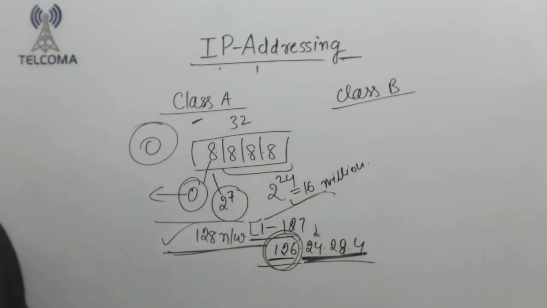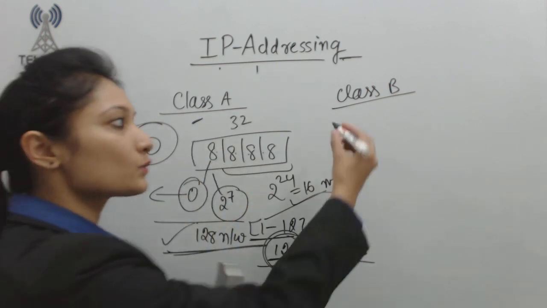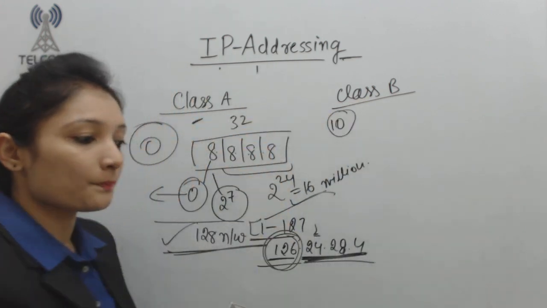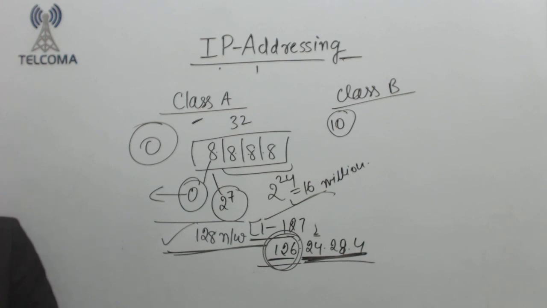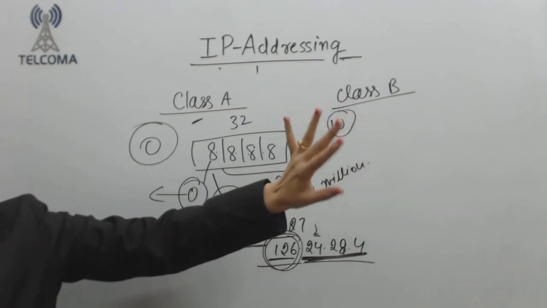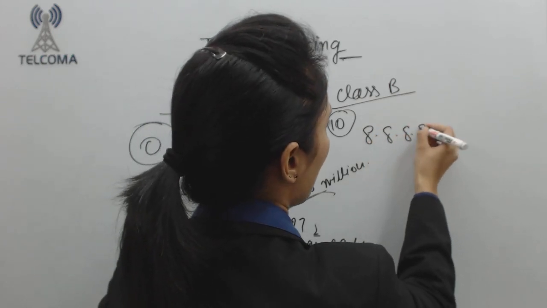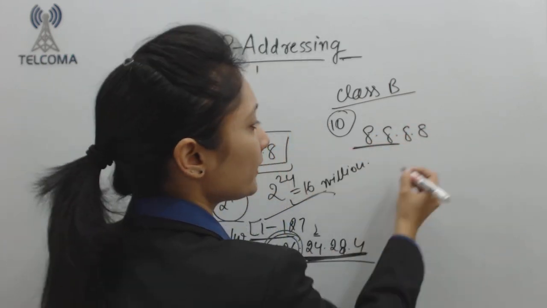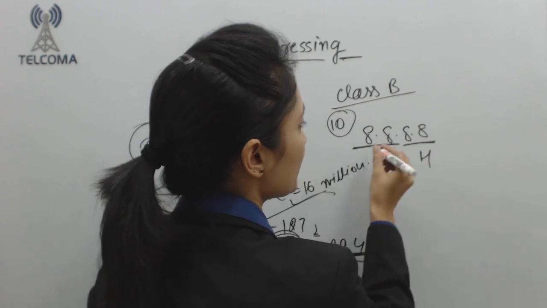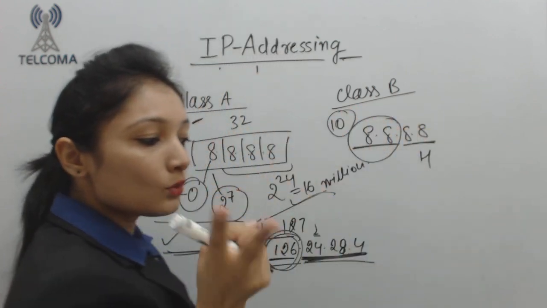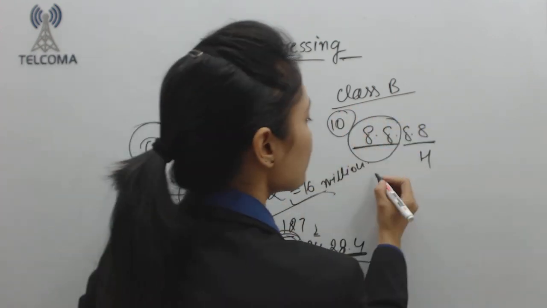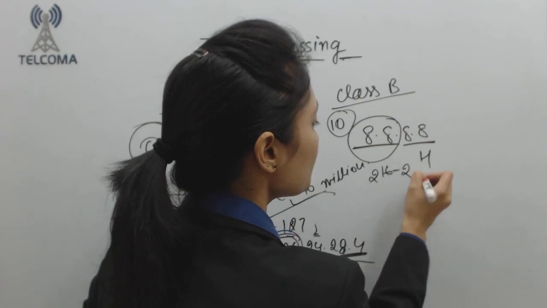Now, in class B, we have this 1, 0 taken here. We have 2 bits here. So here, this is your octet. This is for your network ID and this is for your host ID. Now from these, 2 are already taken. So 2 raised to power 16 initially, we had 2 bits occupied.